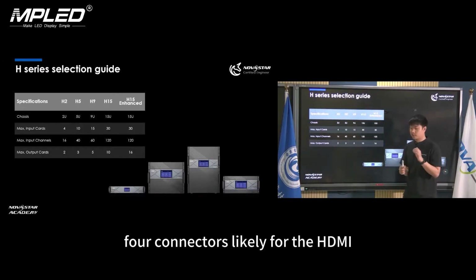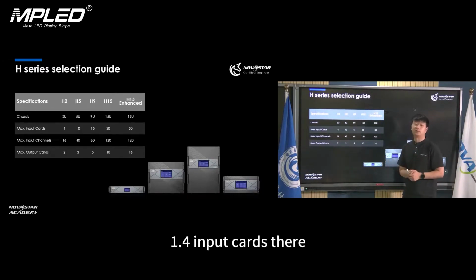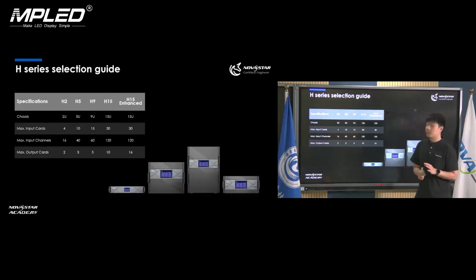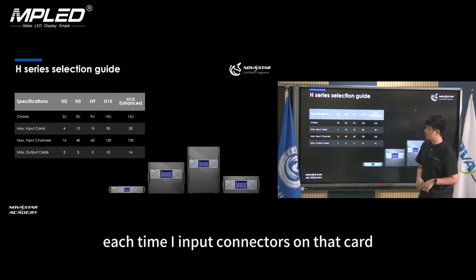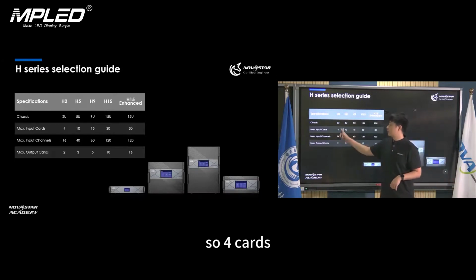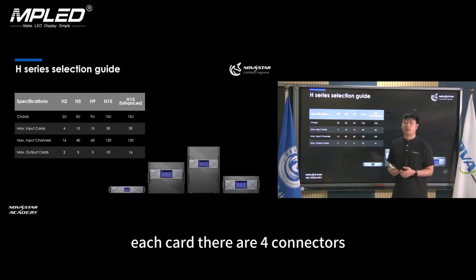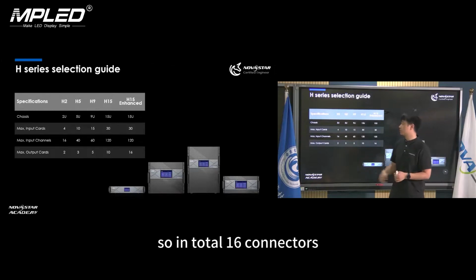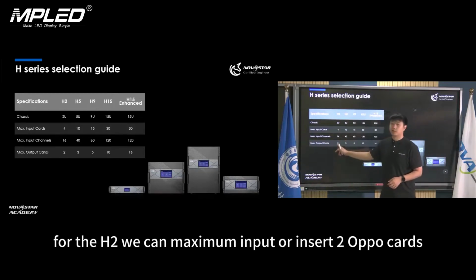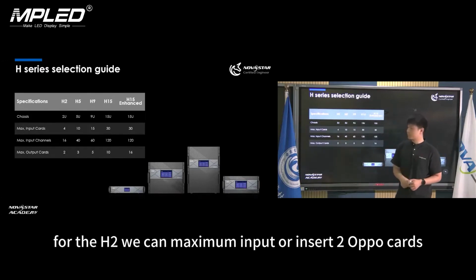Like for the HDMI 1.4 input cards, there are 4 HDMI input connectors on the card. So 4 cards, each card has 4 connectors, so in total 16 connectors. And for the H2, we can insert a maximum of 2 output cards.